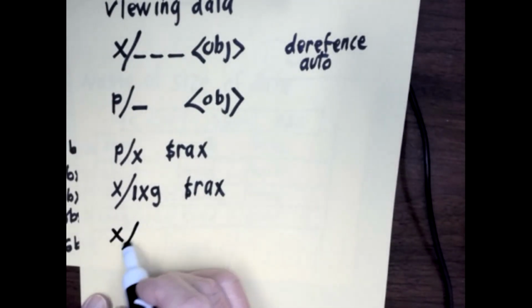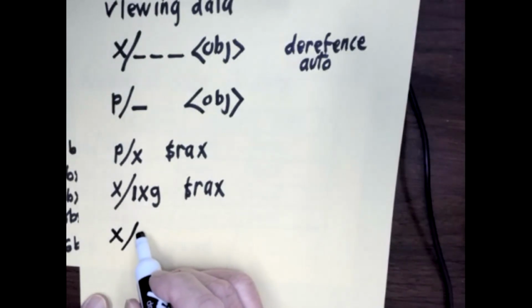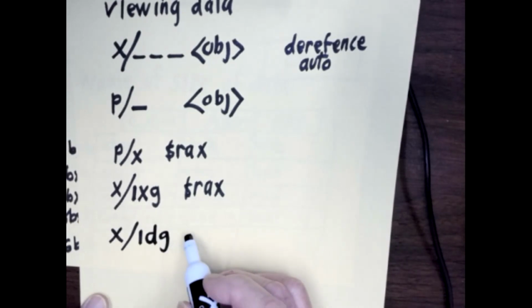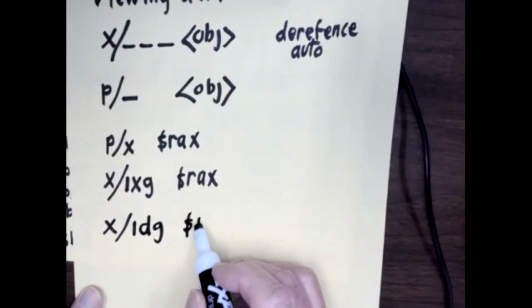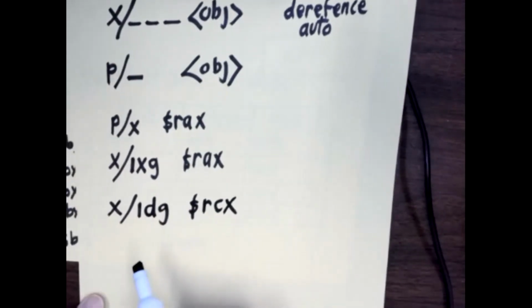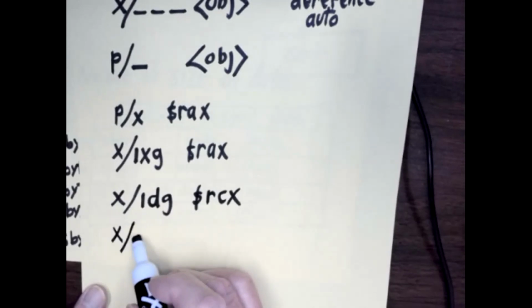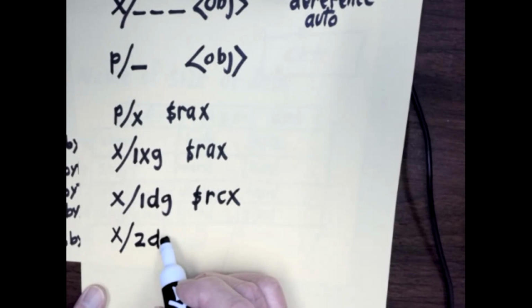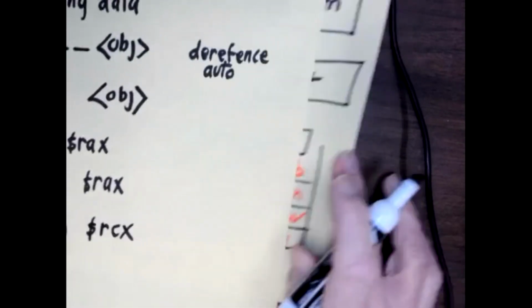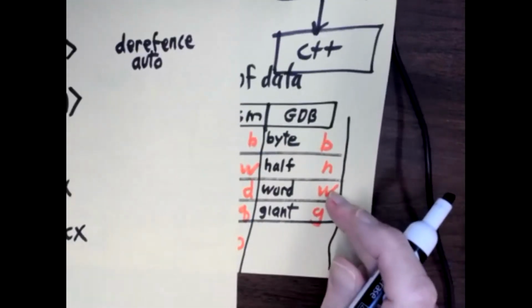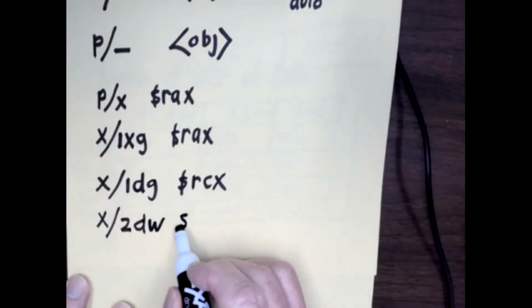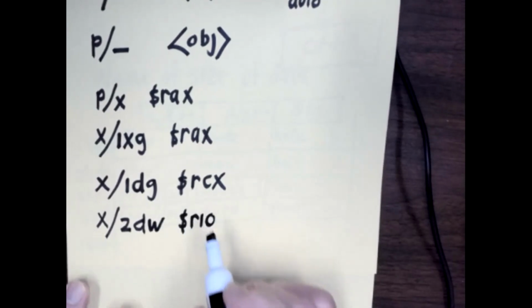Okay. So here's, we could say X/1, D for decimal, G for giant, $sign RCX. We could say X2 decimal. So let's use my finger here, word, $sign R10. Okay.